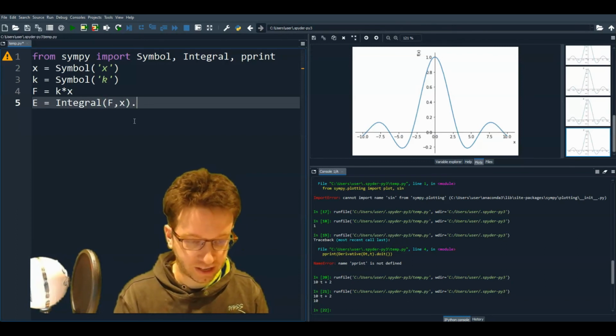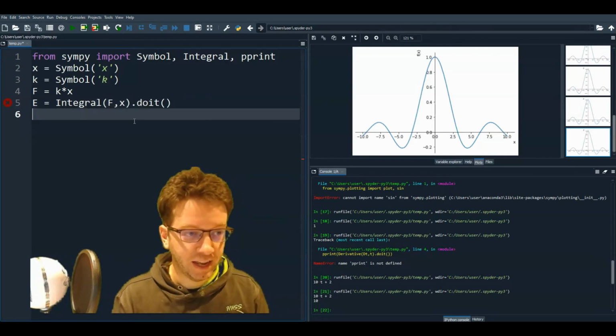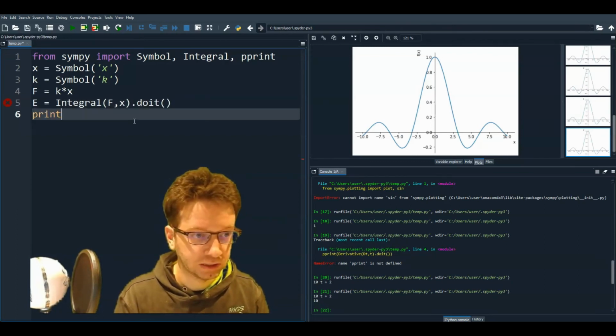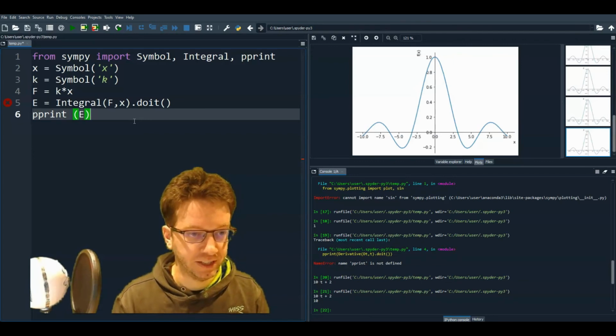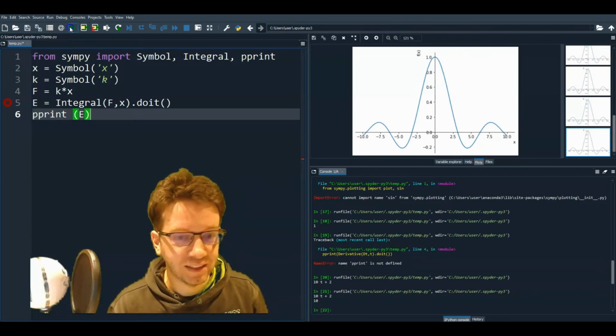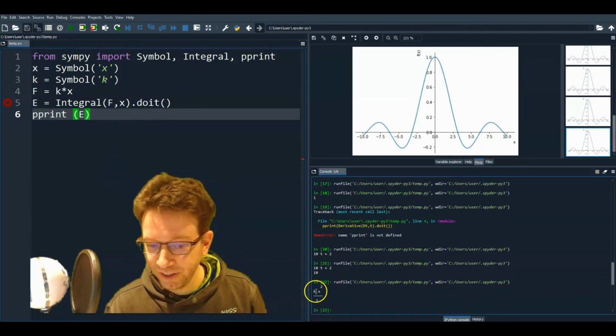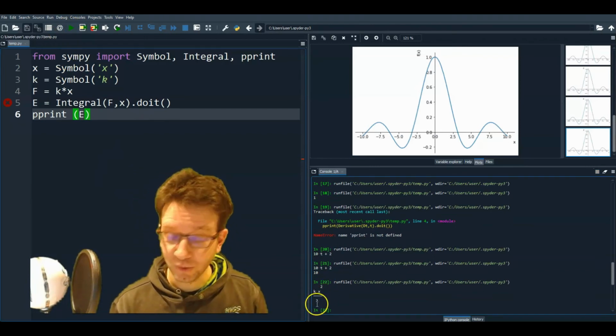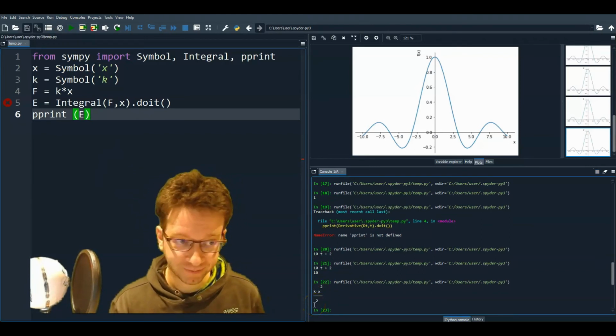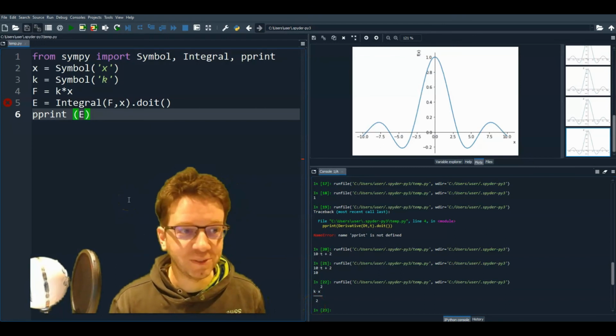And again, dot doit. And then I can print the energy, or let's do a pretty print. Energy. So when I run that, you get kx squared over 2, which is your elastic potential energy. That's great.